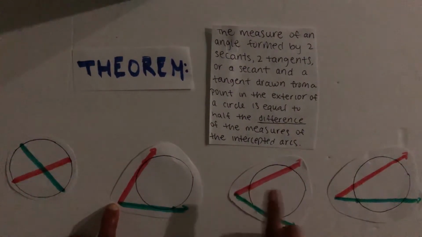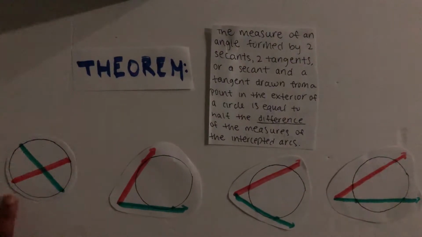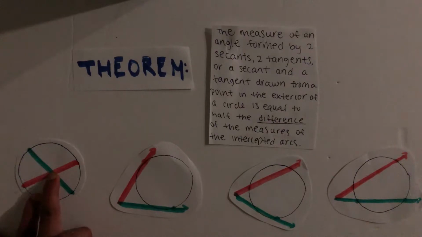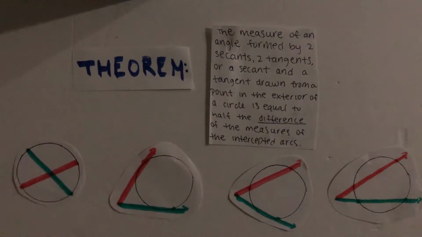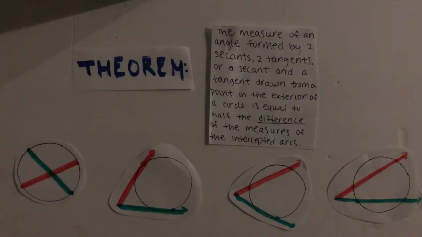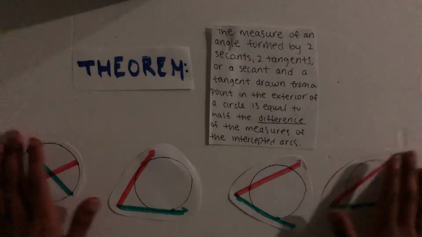All of them are on the outside of the circle. But the chord-chord angle is the only one where the angle formed is on the inside of the circle. And it's also important to know that all three of these different kinds of angles that are formed have their own relationships, their own arc to angle relationships. And that's what we're going to be discussing now.